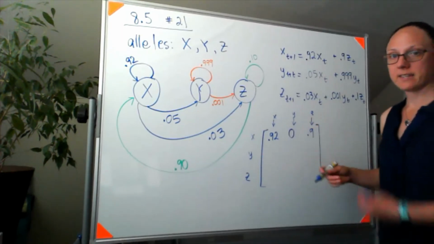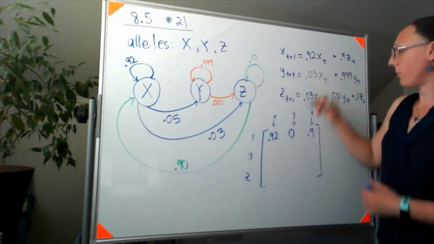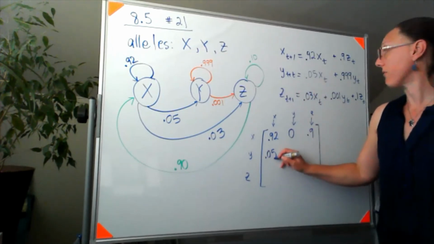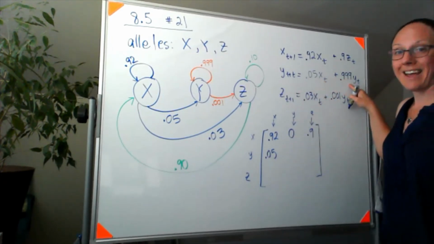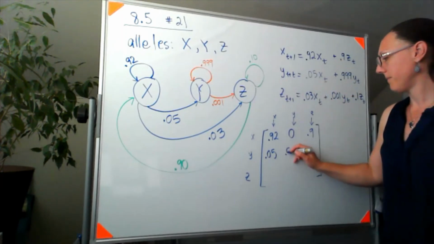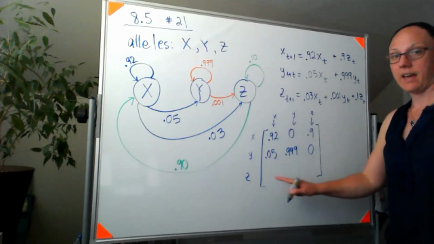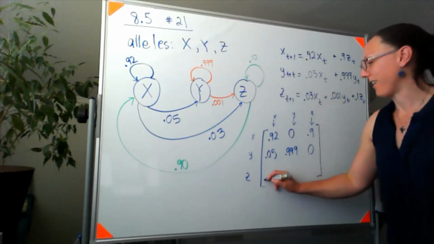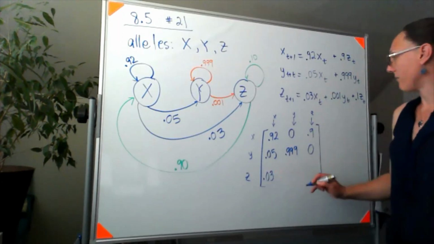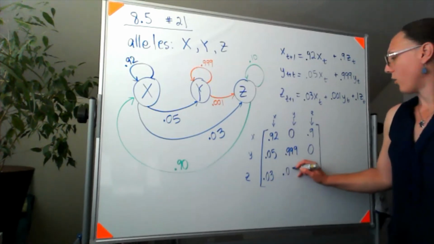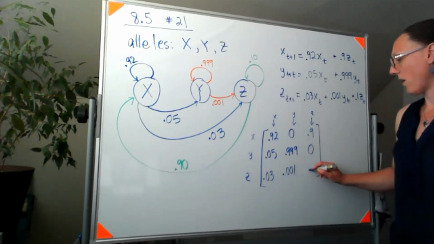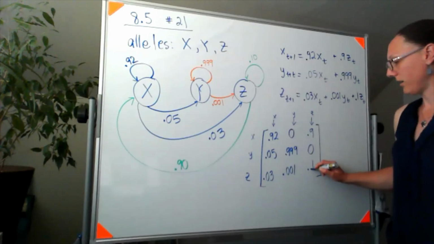On my y's, I've got 0.05 coming from x and 0.999 coming from y, and nothing coming from z. And then on my z, I've got a little bit from everywhere. Got 0.03 coming from x, 0.001 coming from y, and 0.1 coming from z.